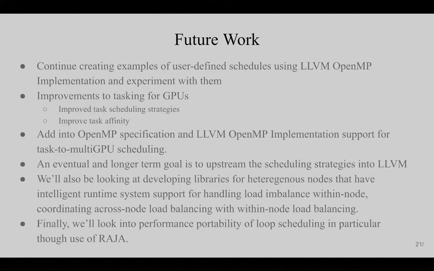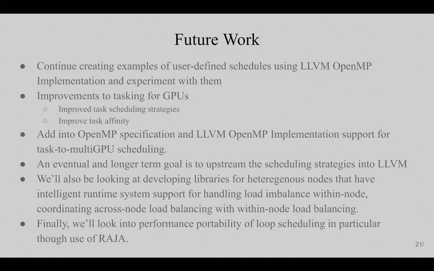With that, we have some future directions, namely continuing to create examples of user-defined schedules using an existing user-defined schedule LLVM OpenMP reference implementation. We're also going to work on task improvements for tasking of GPUs, and that will include the TaskToGPU scheduling strategies and locality strategies as outlined earlier through our prototype.